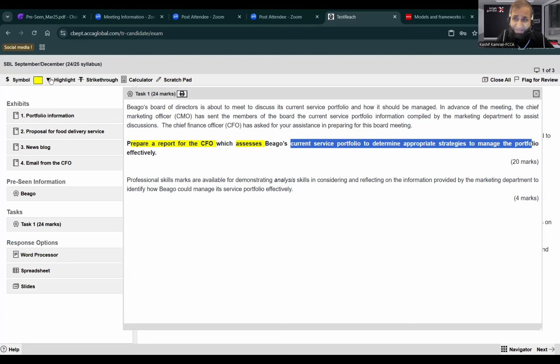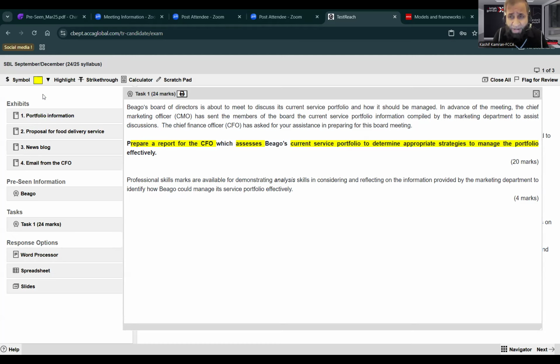You need to assess the current portfolio of Biago, and you need to find the right strategies to manage the portfolio. Now, for any organization, the portfolio means either the product portfolio or the service portfolio, what you're offering.